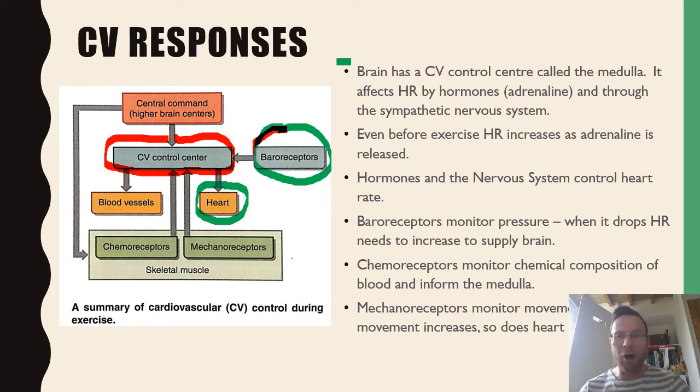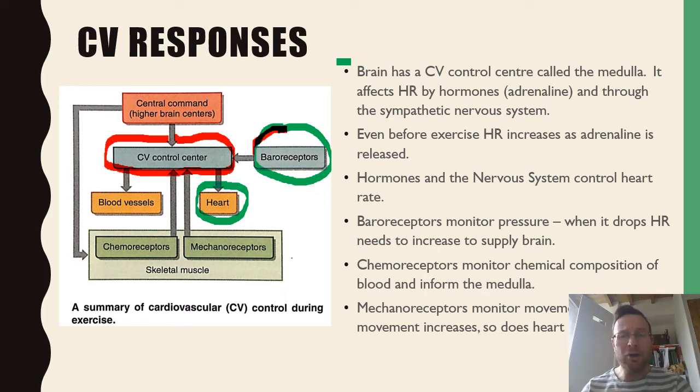It affects heart rate by hormones, so it releases adrenaline, and through the sympathetic nervous system, which has nerves that act directly on the heart. So even before exercise, heart rate increases as adrenaline is released. This is called the anticipatory rise. You haven't created anything in your blood yet, but even before exercise, your heart rate begins to increase due to adrenaline.